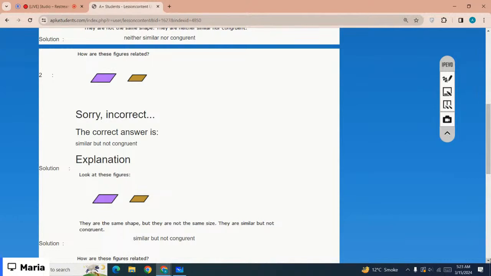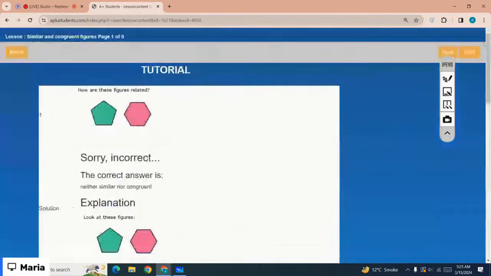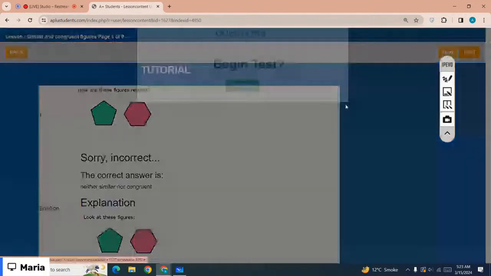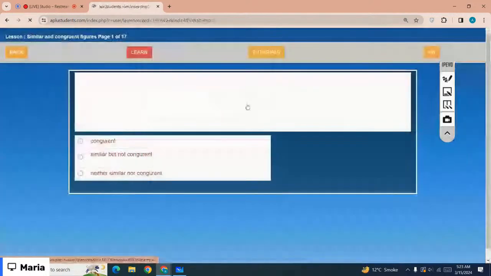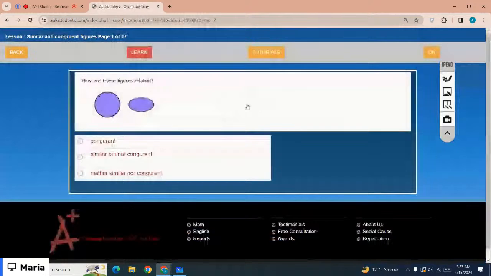Okay, let's just start with the test questions. How are these figures related?